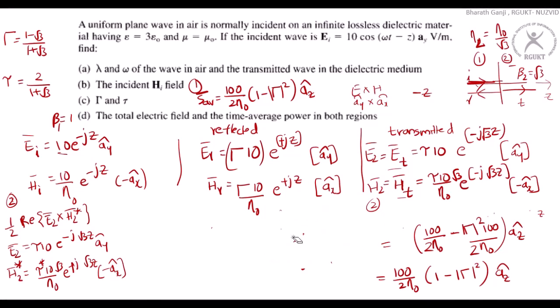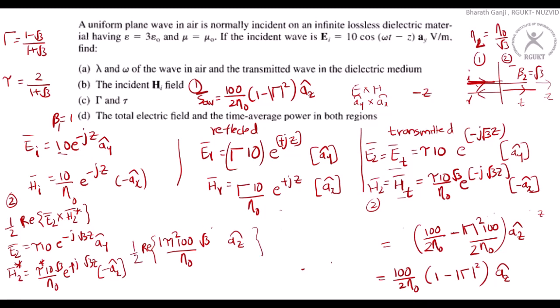When I take cross product, ay cross minus ax simply gives you az, and if I multiply tau and tau conjugate, you get modulus of tau square, transmission coefficient square. 10 into 10 gives you 100 divided by eta naught into root 3, and this into this gives you e power 0. You have to take the real part and multiply with half.